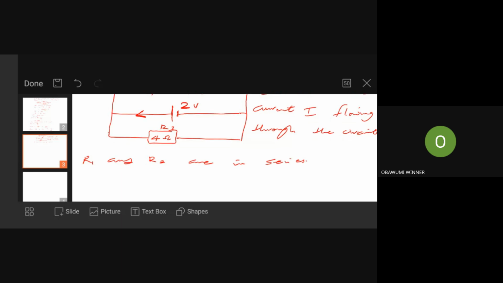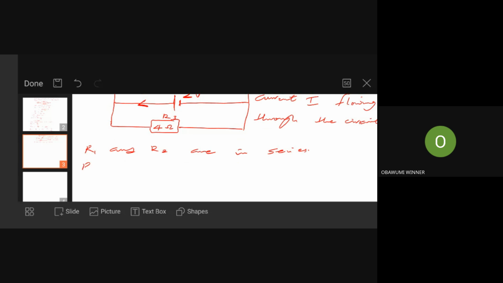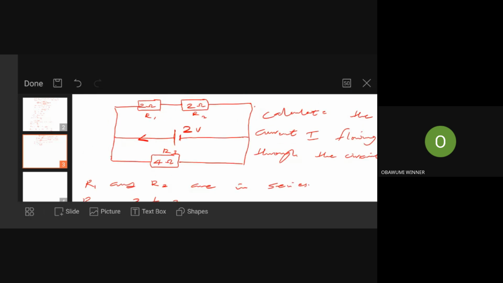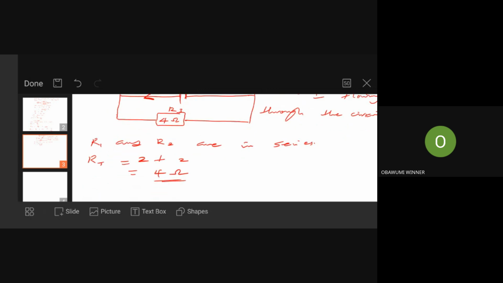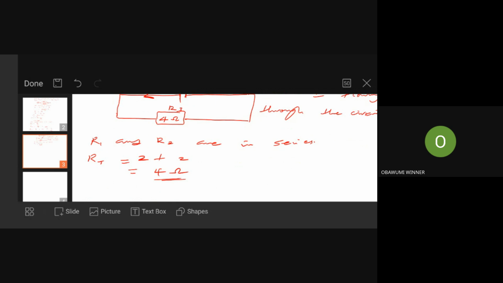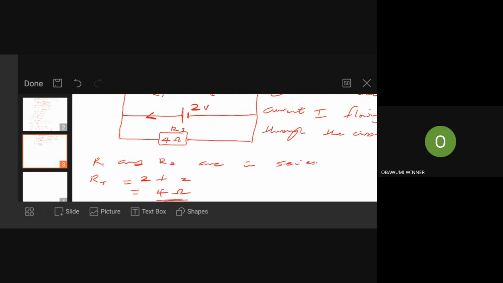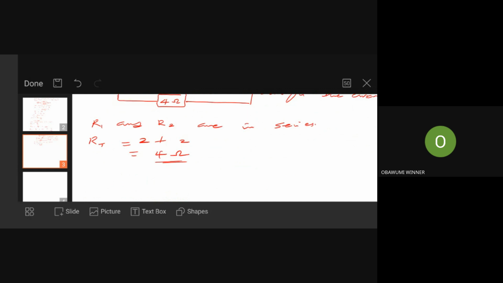So if they're in series, it means that their total resistance, RT, becomes R1 plus R2, which is just 2 ohm plus 2 ohm, and that will give us 4 ohm. So this is the total resistance for the 2 resistors that are in series. But now, R3 is in parallel with the effective resistance of R1 and R2.